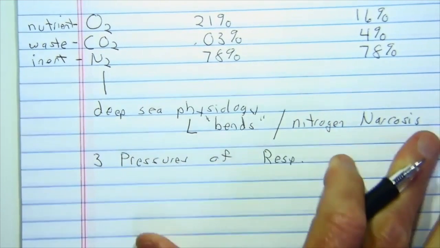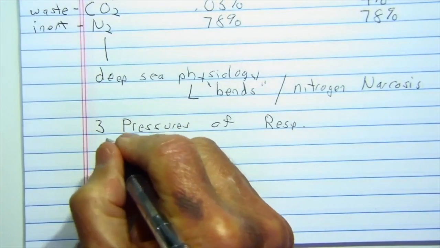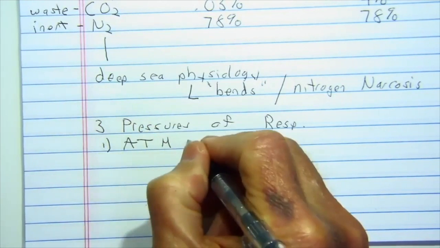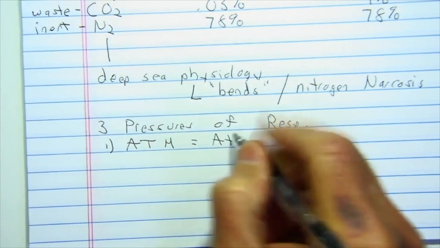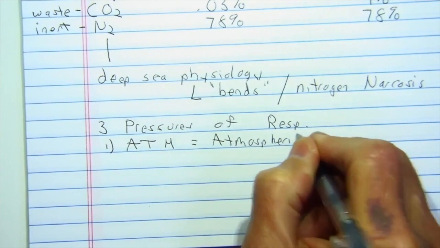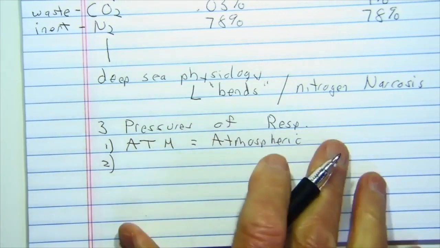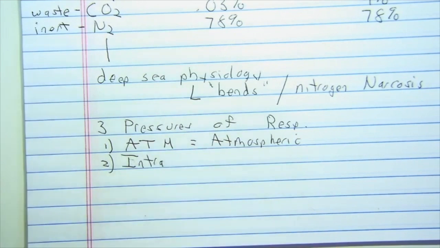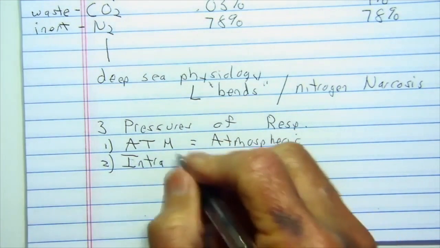And those 3 pressures of respiration are going to be, number 1, ATM, which equals atmospheric. The second is going to be intra. Remember, intra means within.